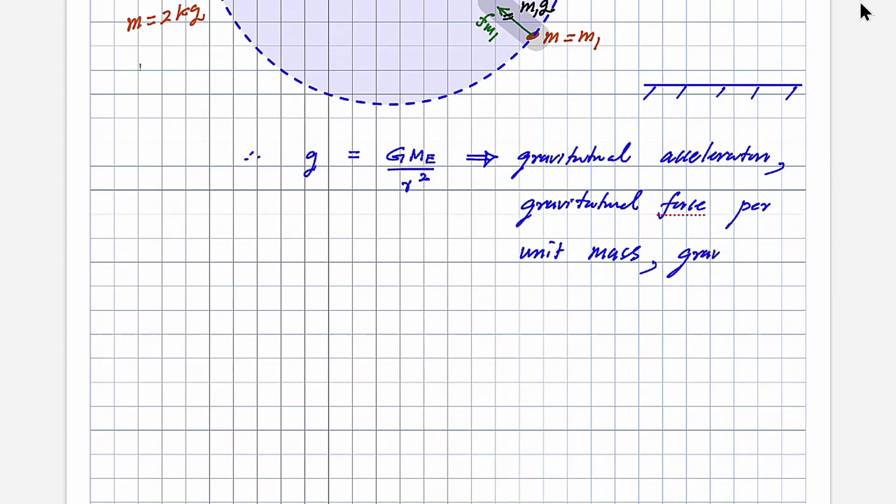We call it gravitational field intensity.